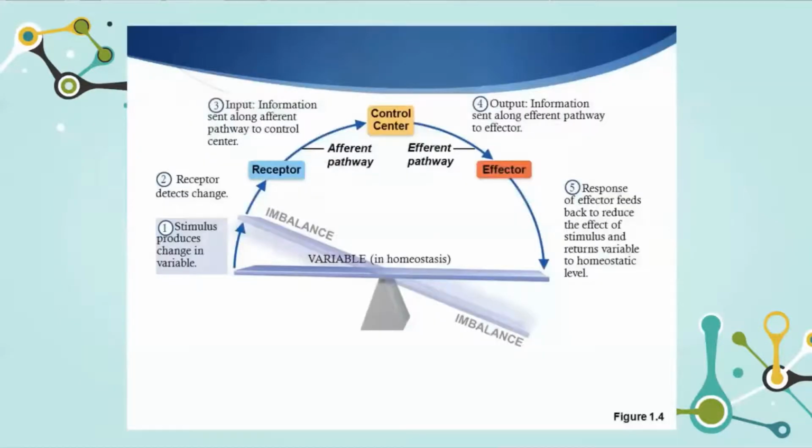Alright, take a look at figure 1.4. This is a simple illustration to understand the three variables in homeostasis. I want you to pause the video if you want to take notes or take a screenshot.